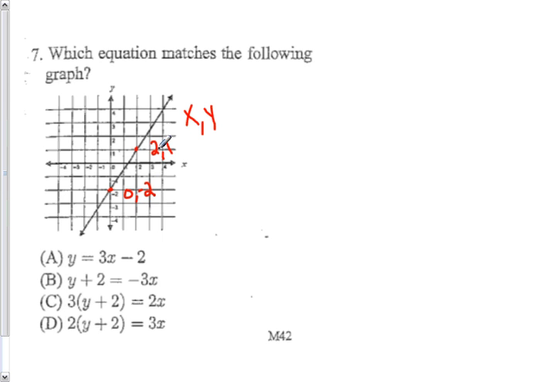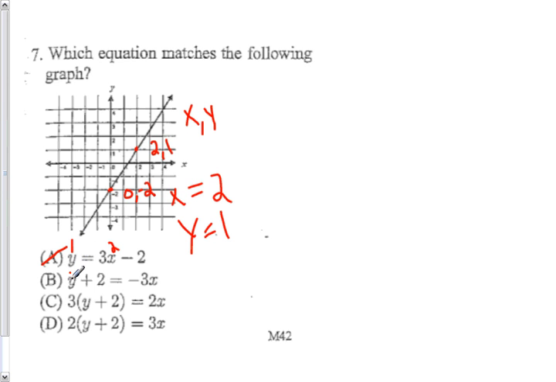So x is going to equal 2 and y is going to equal 1, and we're going to evaluate each one of these equations. In the first one here, we'll have 3 times 2, and 3 times 2 is 6. 6 minus 2 equals 4. That's not 1. So 6 does not equal 1, so we're going to mark out A.